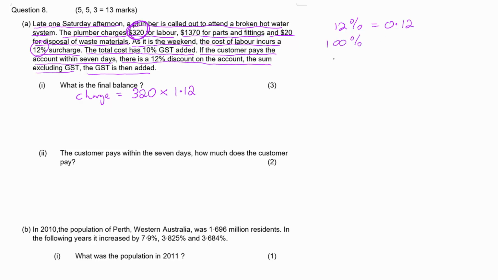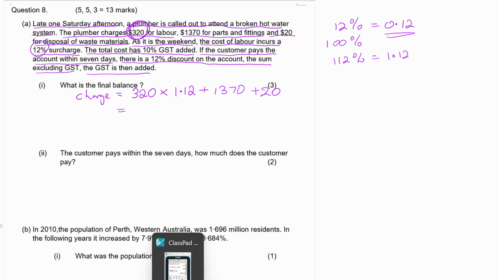So he's charging effectively 112%, which is 1.12. You could work out the 12% and then add it onto the 320 if you wished. Then we've got to pay for the parts, $1,370, and also $20 for the disposal.